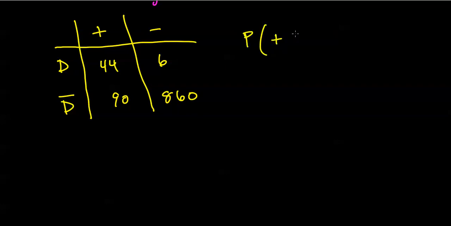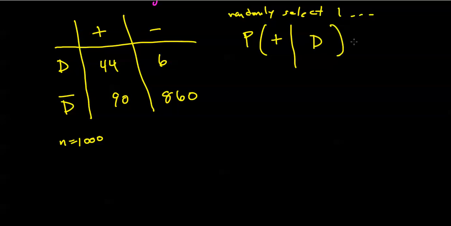What's the probability? Well, again, we'll randomly select one subject from these 1,000 subjects, right? Remember the grand sum was 1,000 here. What's the probability of finding a positive test result given a drug user was chosen?